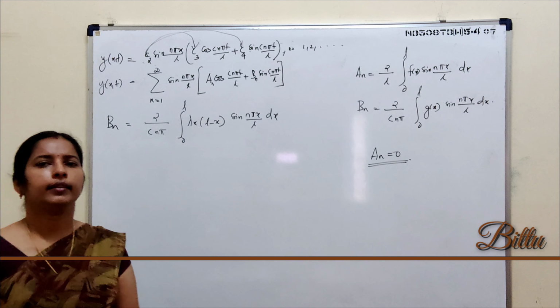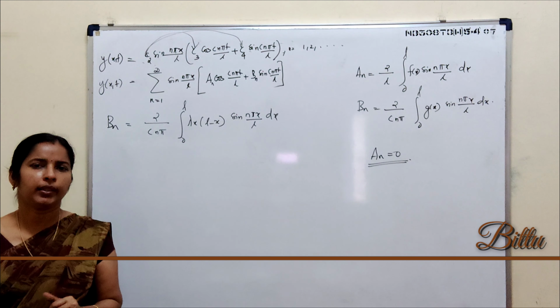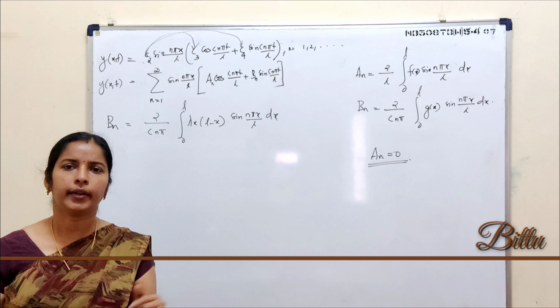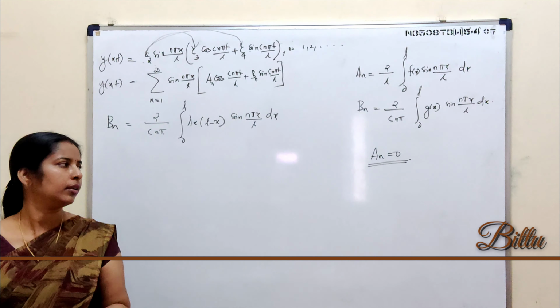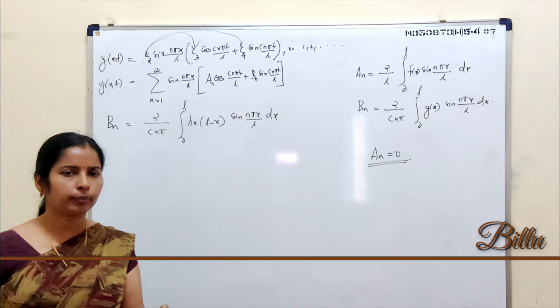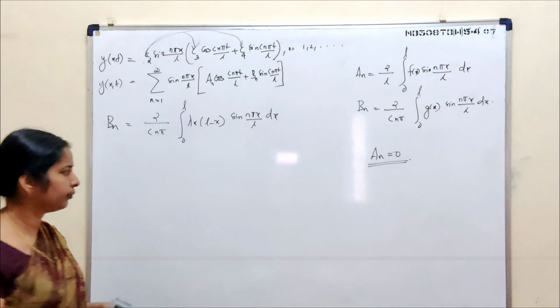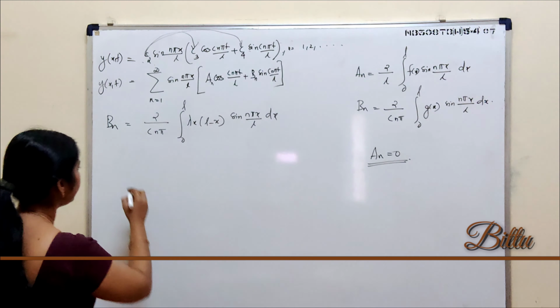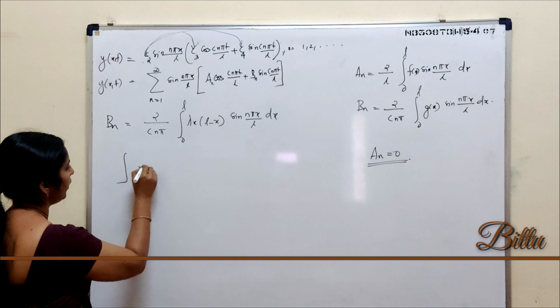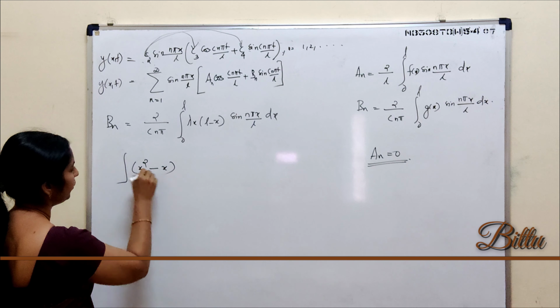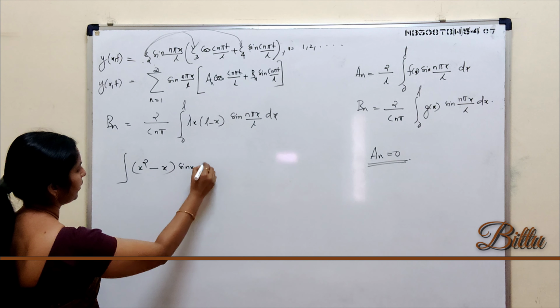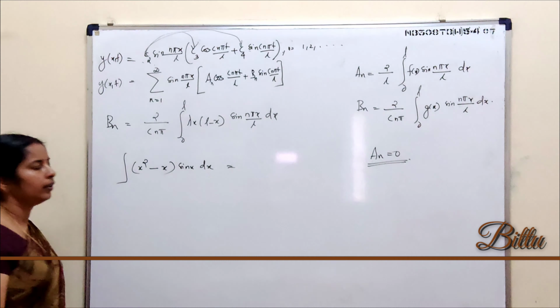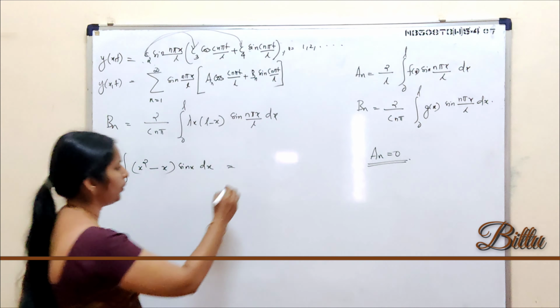Next, for evaluating this product, we apply a shortcut method, and I already mentioned it in the previous video. Let me explain the shortcut method with one example. You consider a single product, integral x squared minus x into sin x dx. See, you start with the polynomial.